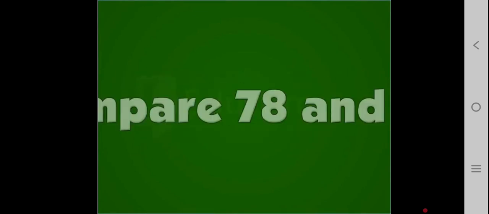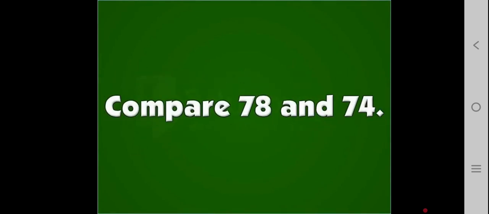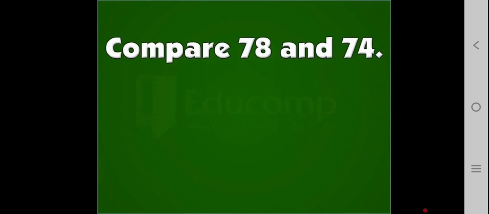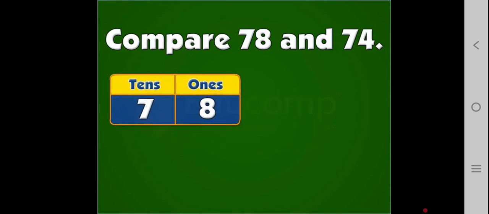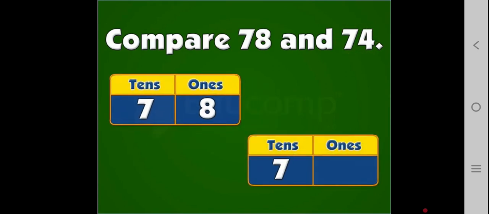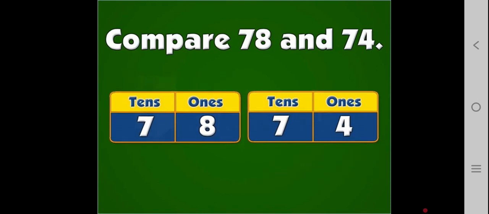We have two numbers, 78 and 74. 78 is 7 tens and 8 ones. 74 is 7 tens and 4 ones. If you first compare the number in the tens place, you will find that they are the same. Both the numbers in the tens place are 7. So, now what do we do?